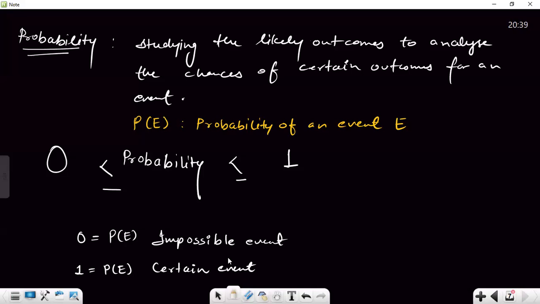And when I write probability is 1, it depicts that this is a certain event which is definitely going to happen. Say the probability of me teaching this class till 9 p.m. is 1. Let's assume that it is 1 and it's a certain event that I am going to teach for sure. In real life there is no impossible and certain event, but in mathematics there are, and that is the beauty of mathematics.